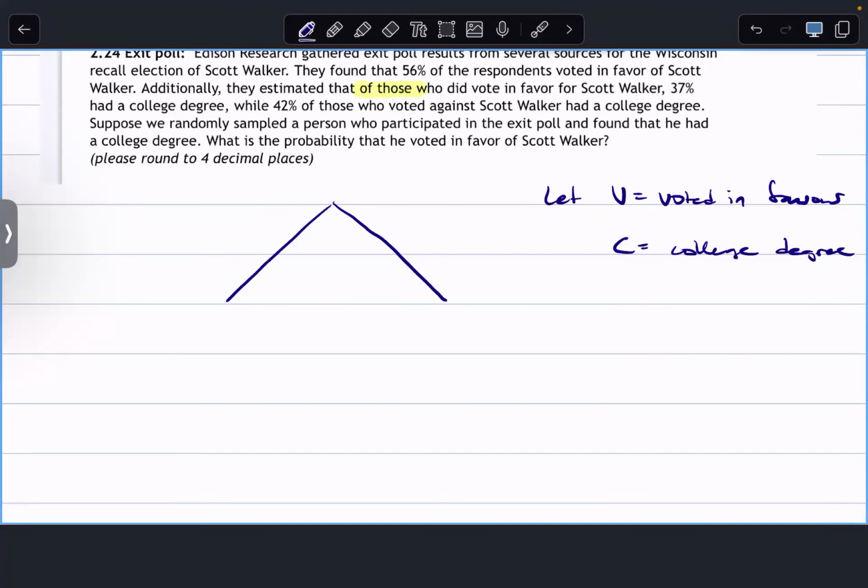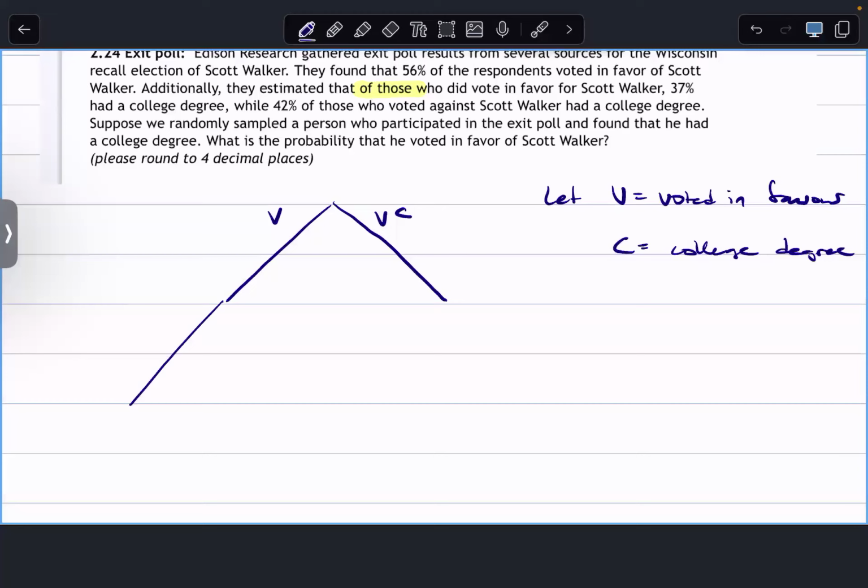As long as you tell me what you're defining your variables as, you can use whatever makes sense to you. But notice how I'm always using a yes and a no version, because it narrows things down. They voted in favor or they didn't. You could have used another variable for the didn't vote in favor, but it makes it more complicated to look at.